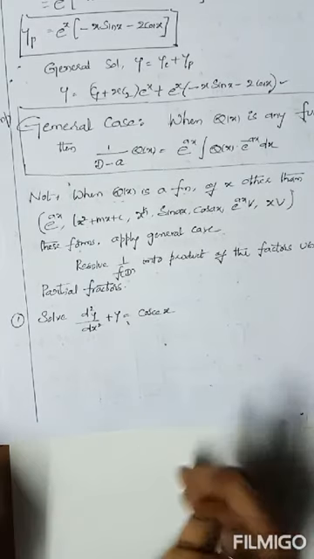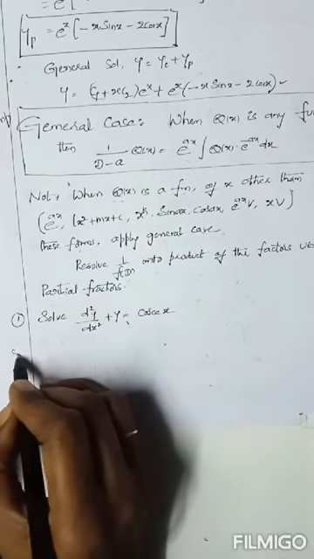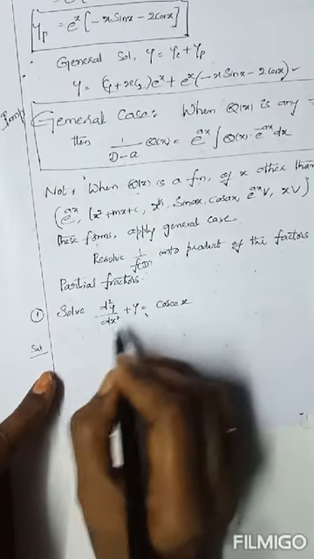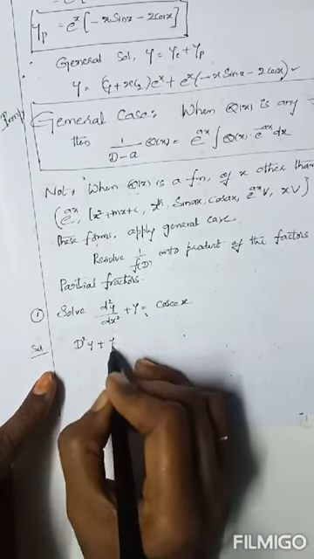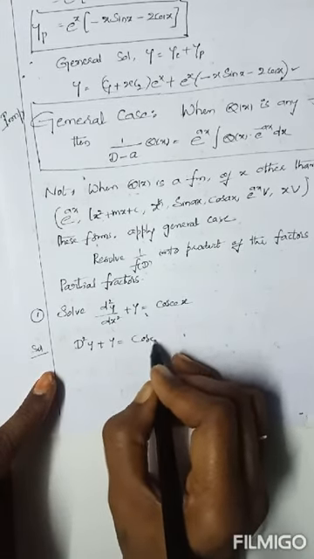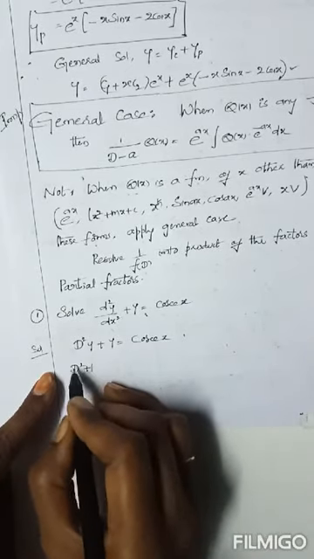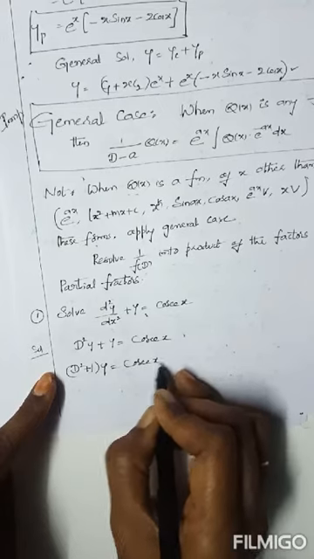First of all, we have to find yc similar to before. Before going to that, we need the given equation in standard form: d square y plus y, with y as common, (d square plus 1) of y equals cosecant of x.